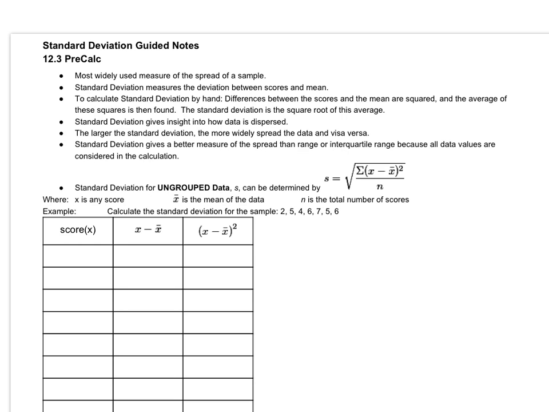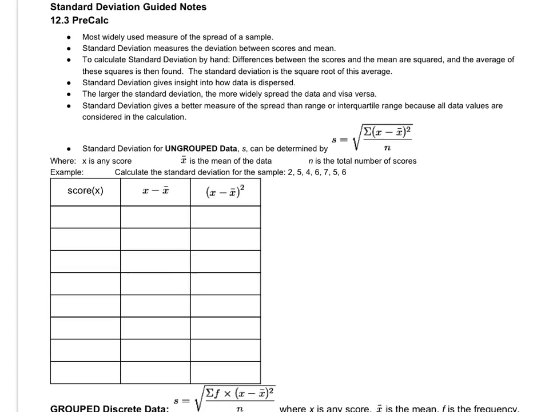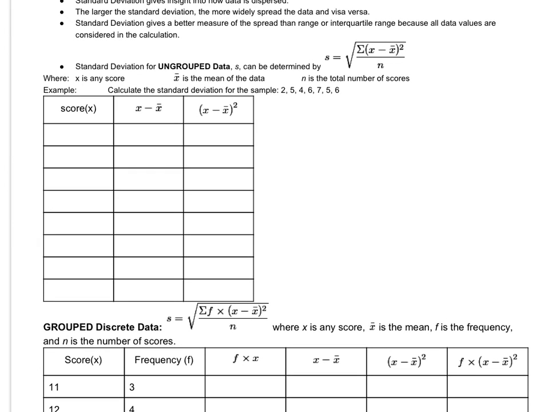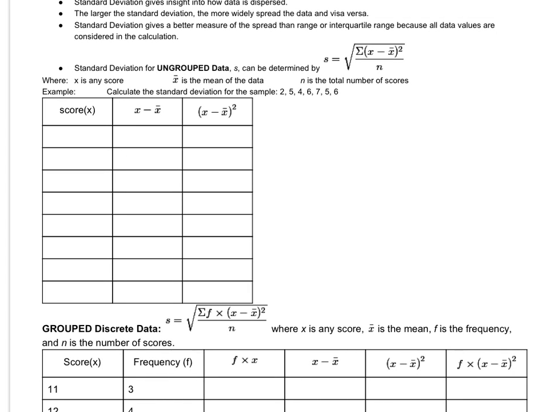You can read a little subnotes here, but I'm going to move on and work out an example for you. This first example is dealing with ungrouped data, so just raw data that hasn't been put into a table, no frequency has been taken or anything like that. I'm going to take the data from here, 2, 5, 4, 6, 7, 5, 6, and put that in my table.